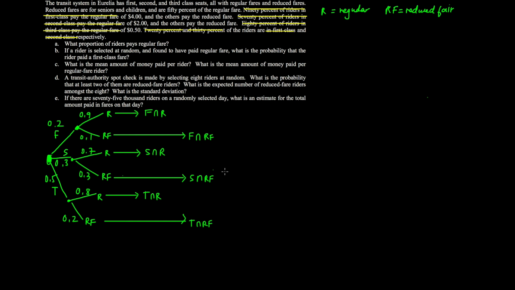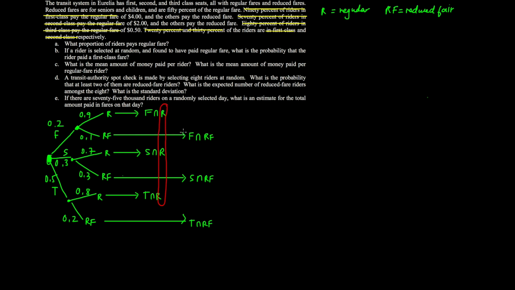So they want to know in part A, what proportion of riders pays regular fare, okay? Now, the only way that we can solve for that is if we isolate the regular fare, right?